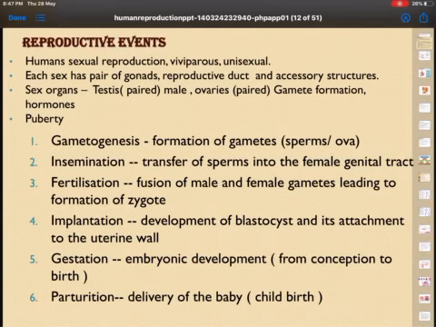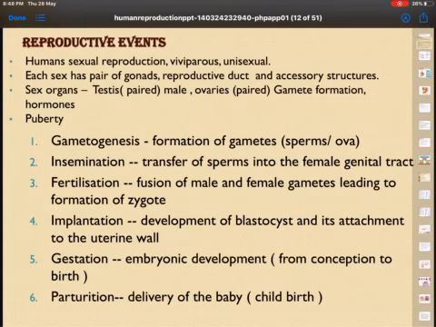And then there is a reproductive duct. There are many tube-like accessory ducts that help in the male as well as female reproductive process. And adding to that, there are accessory structures and other glands that secrete various hormones as well as secretions. In case of a male, the sex organs are testes, whereas in the case of a female it is ovaries.